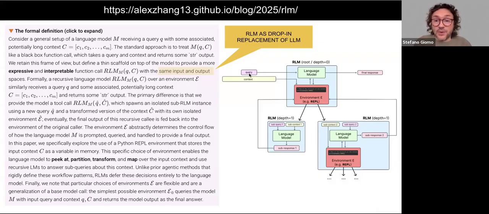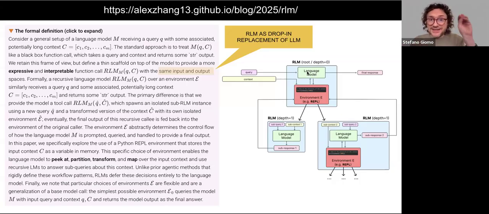Here you have the query that goes to the main language model. This is the core idea. You make your request to the main language model, the root language model, and you provide the context not to the main language model, but to the environment, say the REPL, the shell, where the language model has the ability to write code.